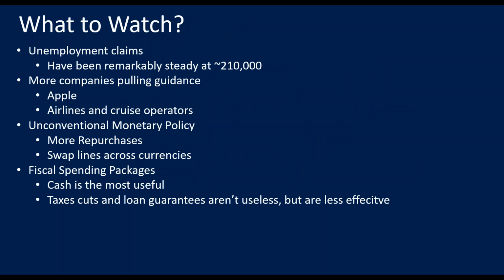All right, so what to watch? We talked a couple slides ago about how economic data is all backward looking. Unemployment claims are a series that we've just sort of ignored for a long time. It's been very steady at plus or minus 210,000 every week.